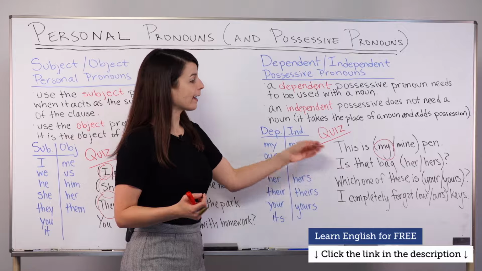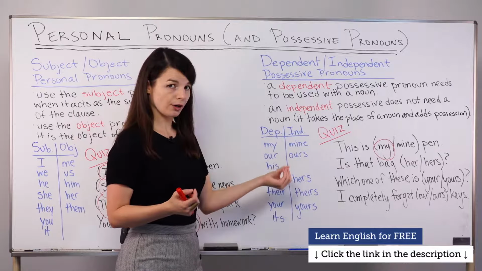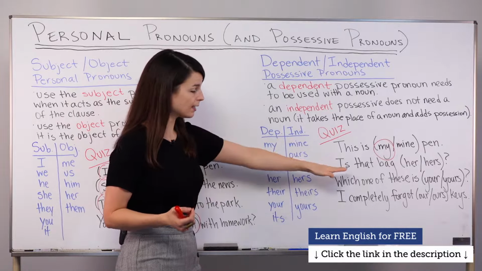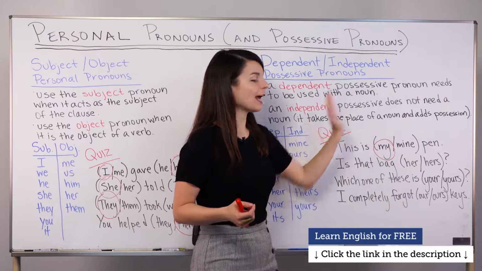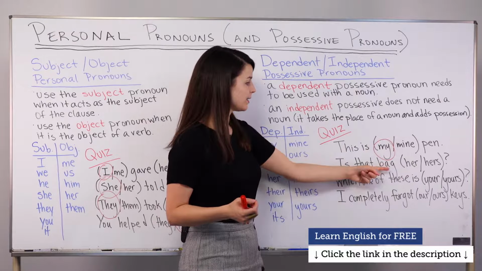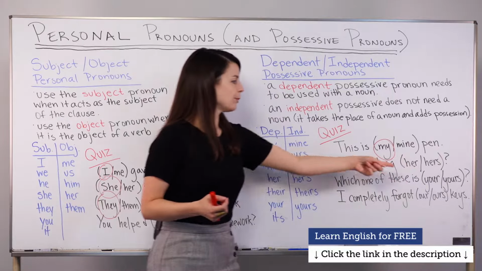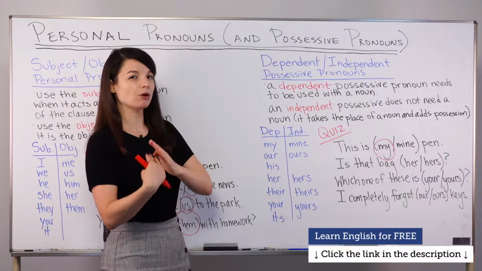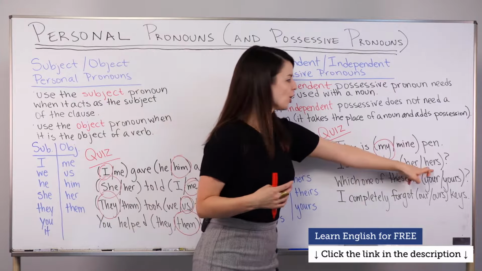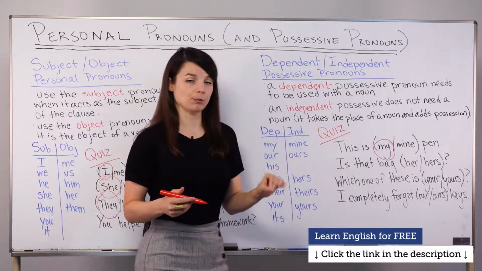Is that bag her or hers? Here, a big hint is that the pronoun comes after the noun. Here we see bag is the noun. I see her, my dependent pronoun, which comes before the noun, and I see hers, the independent pronoun.